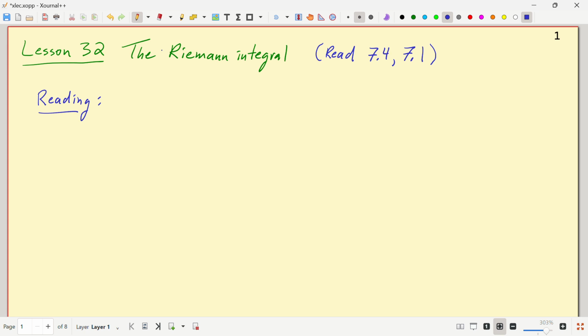So let's see, what was that problem? You said page 179, what? Number 15. A big hint is the mean value theorem.